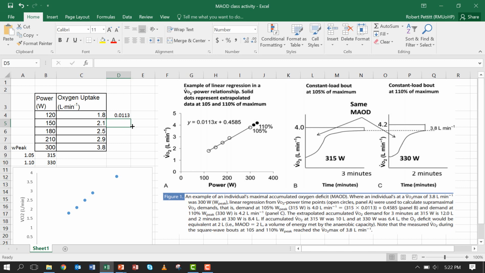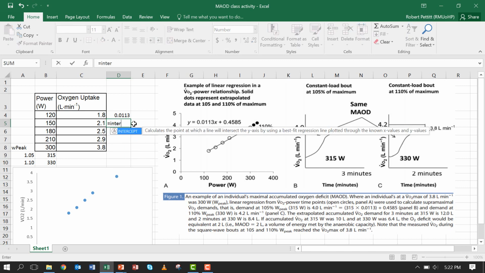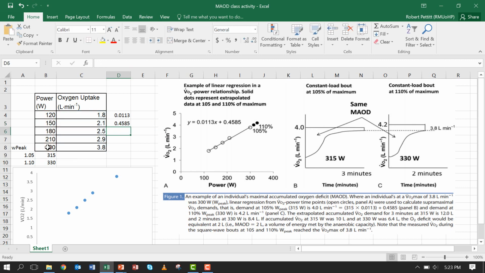And you see this value. It looks the same as the value up here. And then I'm going to go ahead and do the same for intercept. So I'm going to enter the y's, and enter the x's. And so you see that on the plot here.